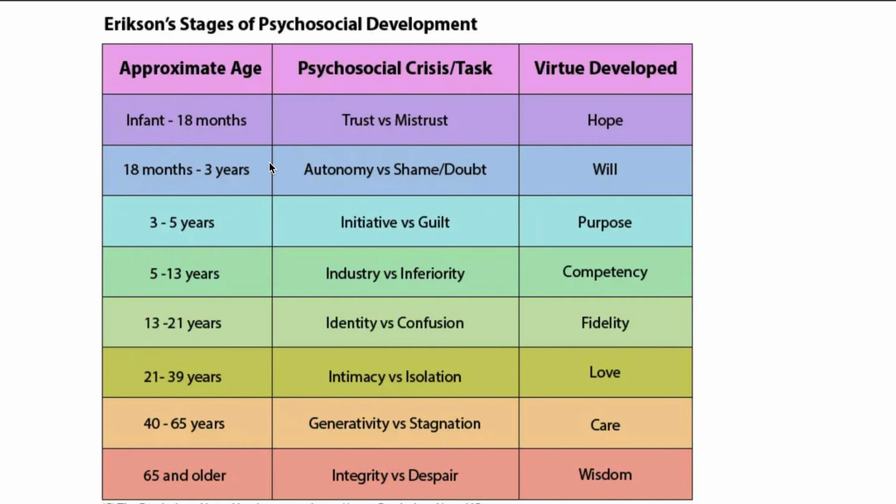The next stage is 18 months to 3 years, which has the psychosocial task of autonomy versus shame and doubt. Between 18 months to 3 years, children experience autonomy versus shame. They want to initiate some kind of thing, and they observe how we react to that.